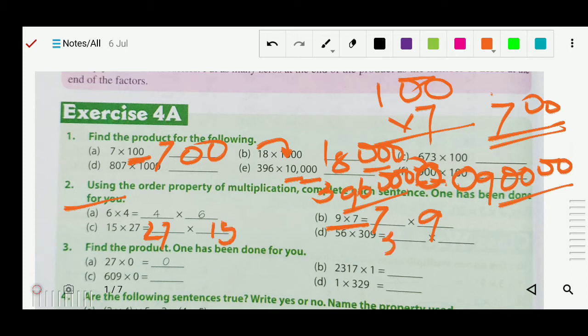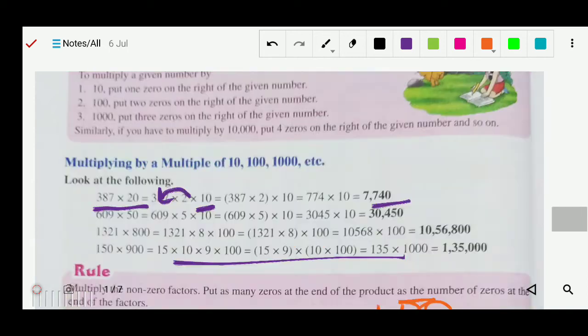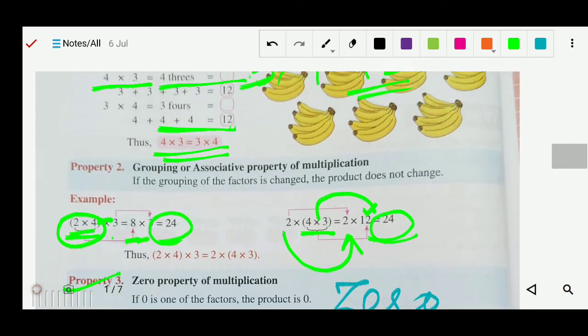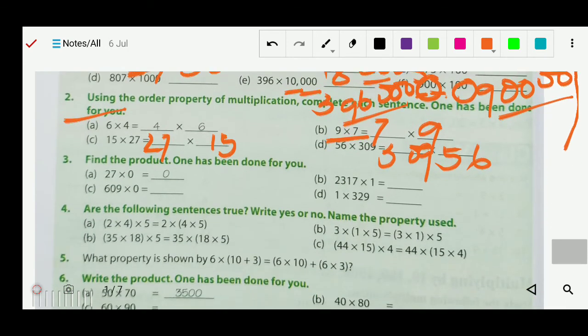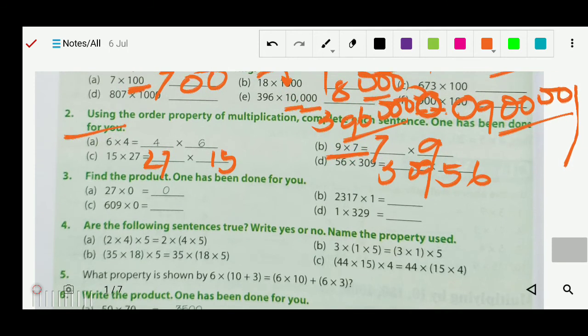Here 309 we can write, and here write 56. That's all. This is the order property. What are we doing here? Changing the positions. We are changing the order only.